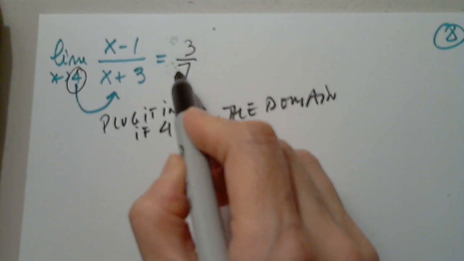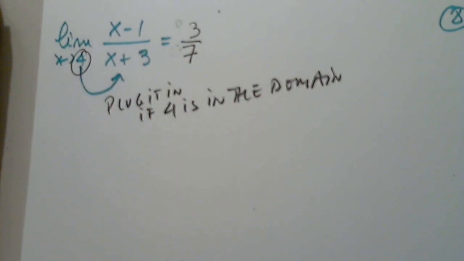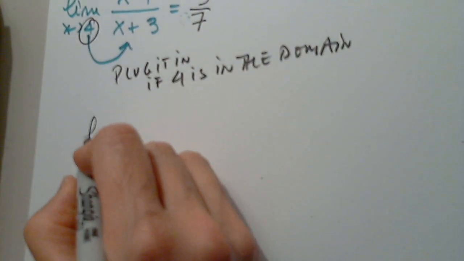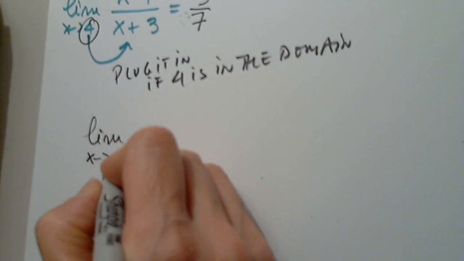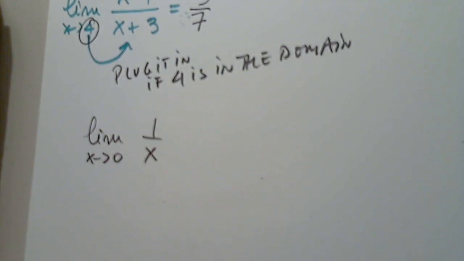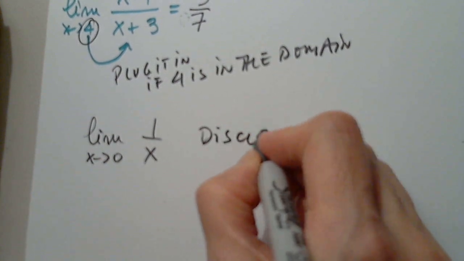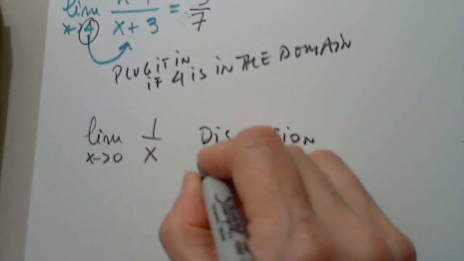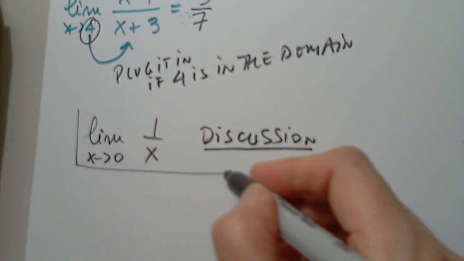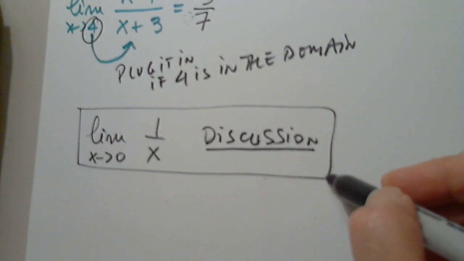Yes, 3/7. I'll stop. I will not have time to discuss the next one. So if I have the limit as x approaches 0 of 1 over x, 0 is not in the domain. So there is a totally different discussion here. This is the starting point on Thursday.